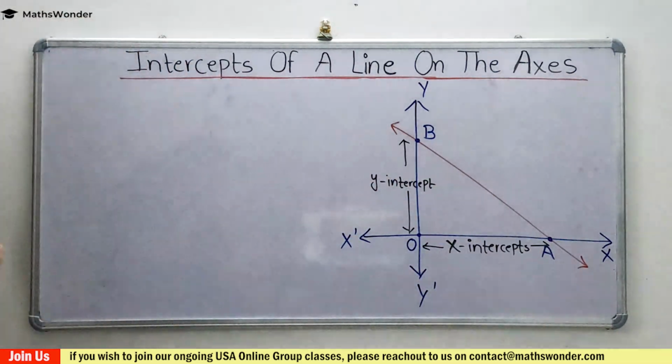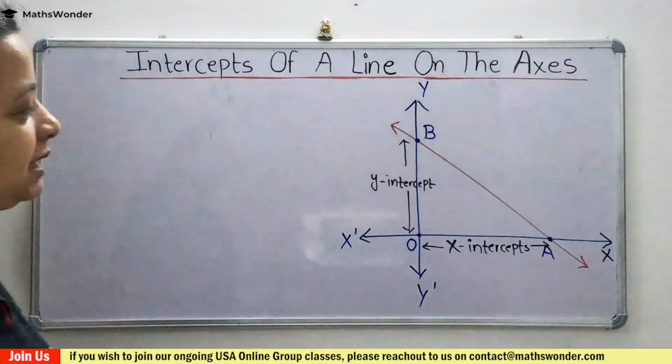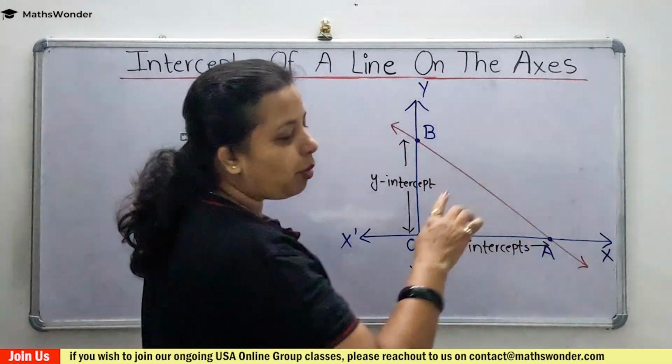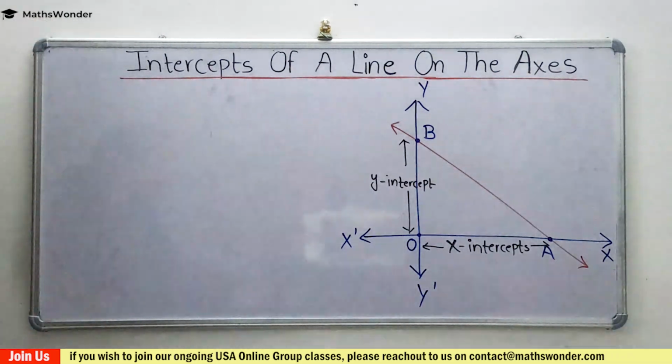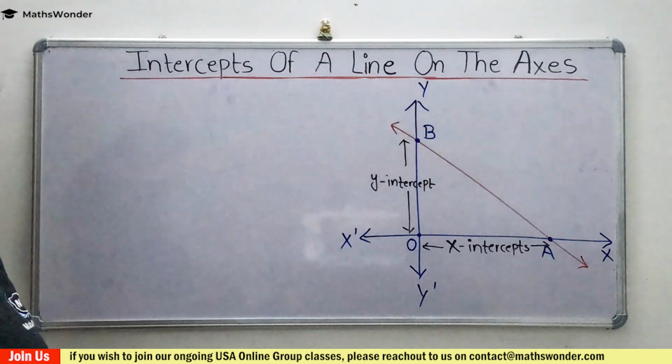Now, the intercepts are positive or negative. How will you decide it? It will be decided according as the line meets the positive or negative directions of the coordinate axis.